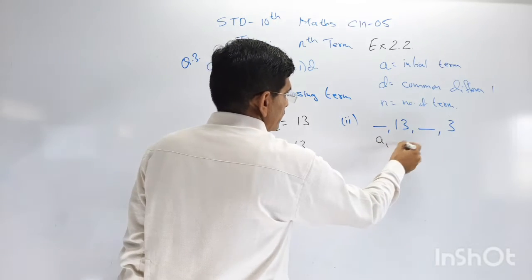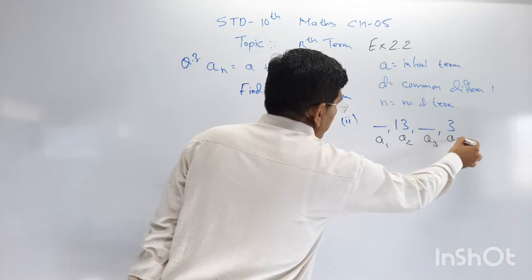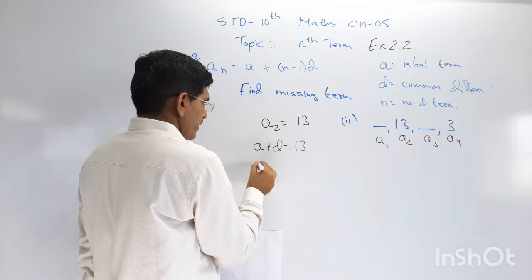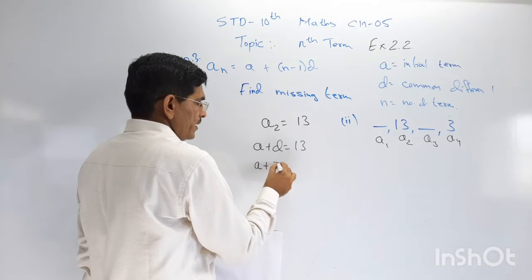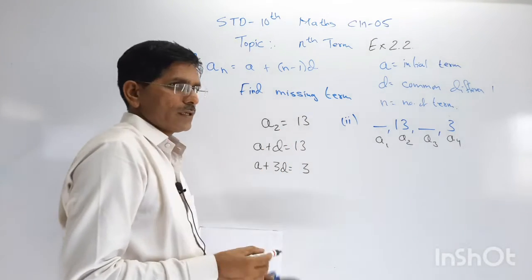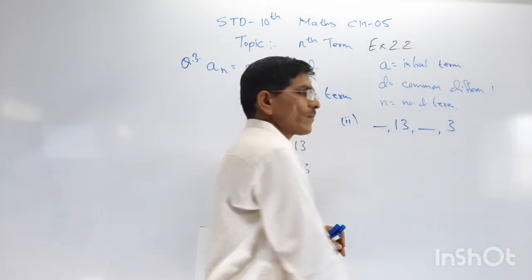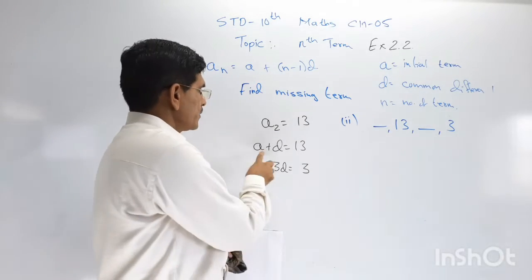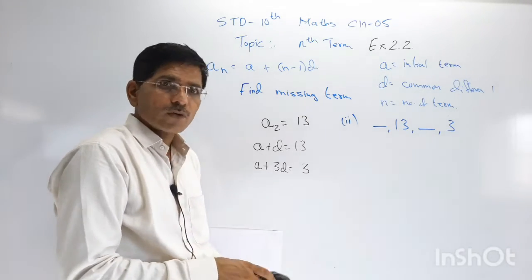Then A4 means A plus 3D, and that value is 3. So A plus D is equal to 13 and A plus 3D is equal to 3.